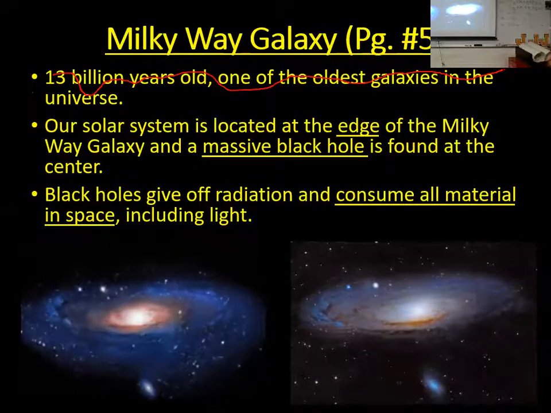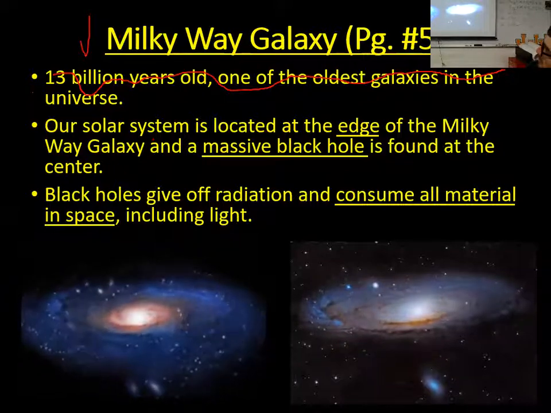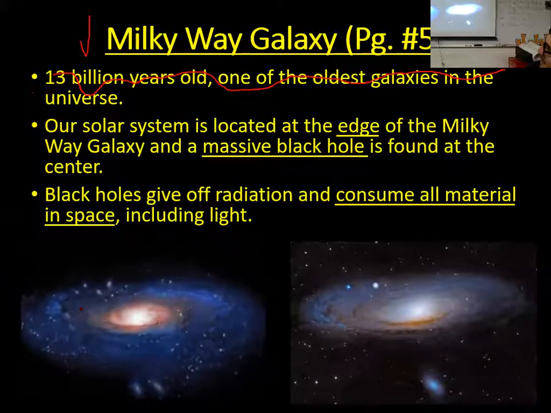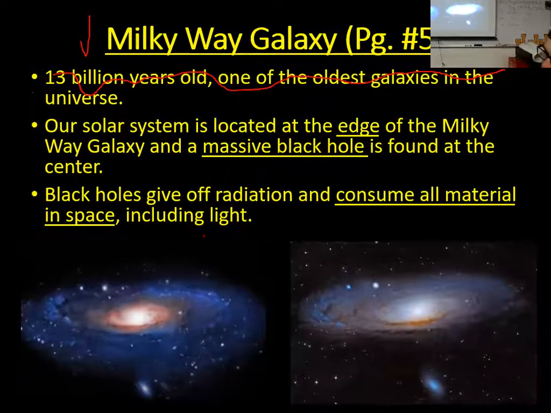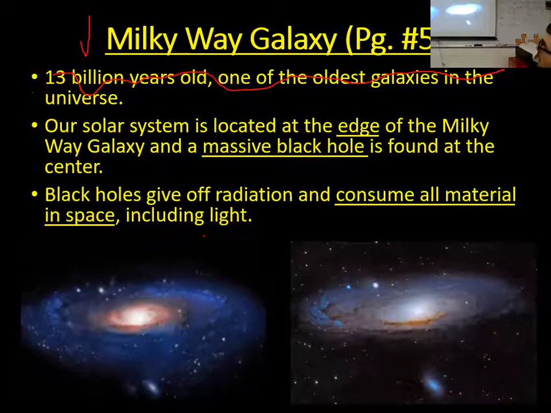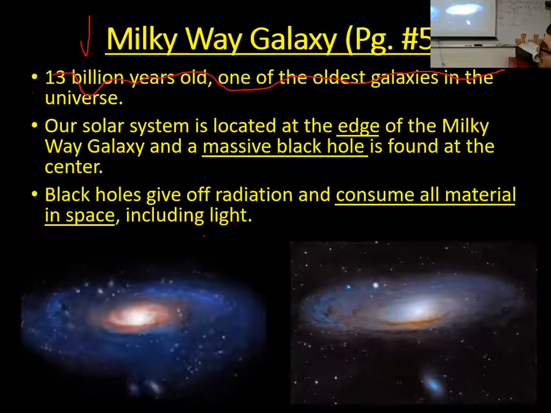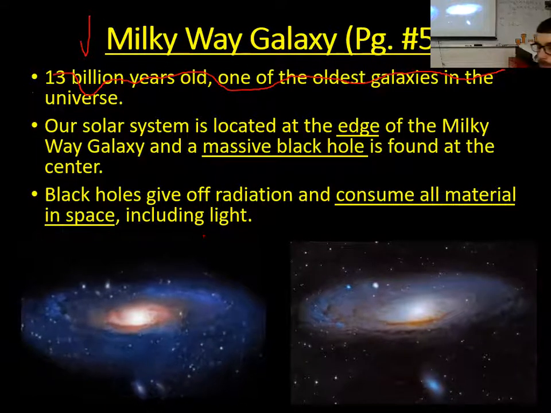Now, just so you know the design of it, we got to know, obviously, right here, our solar system is located at the edge, so it's in the outer parts of it. So we're not in danger of being affected by the black hole that's in the middle. But in the middle, like I said, is a massive black hole. And people also say, oh, well, black holes come from stars, right?